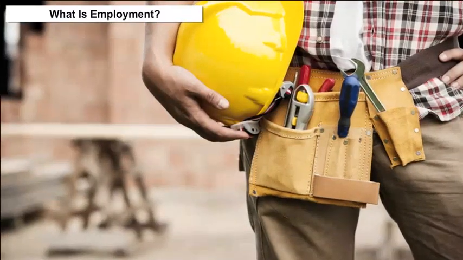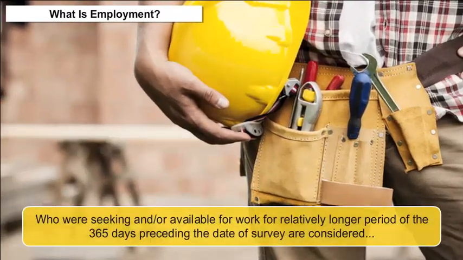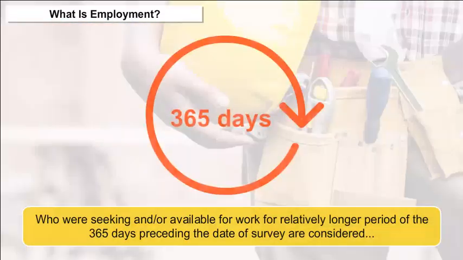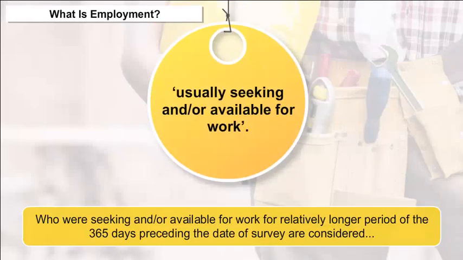Persons, on the other hand, who were seeking and/or available for work for a relatively longer period of the 365 days preceding the date of survey are considered usually seeking and/or available for work.